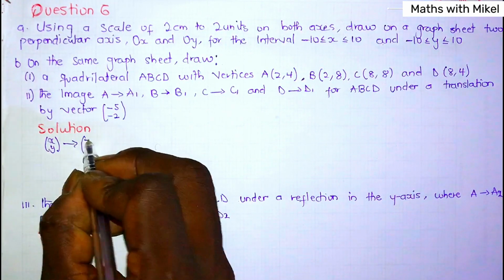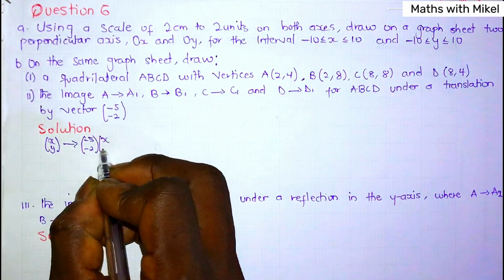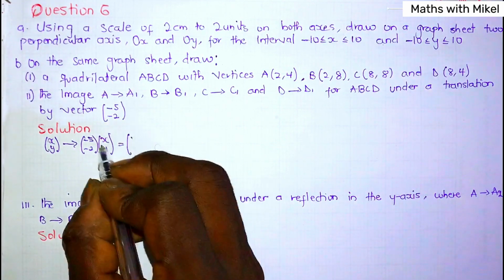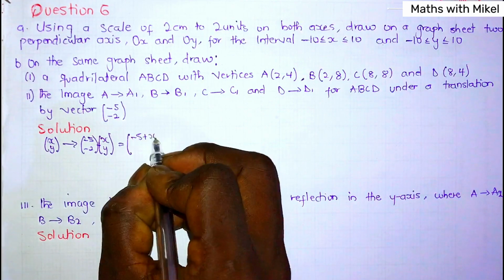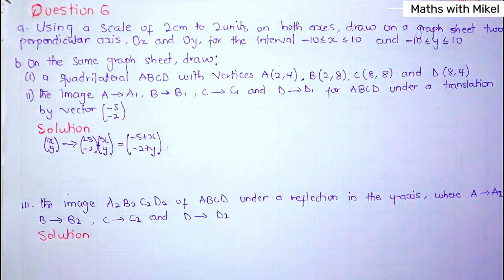If we have a translation vector like (-5, -2), we add it to the point (x, y), giving -5 plus x, -2 plus y. This is translation vector.